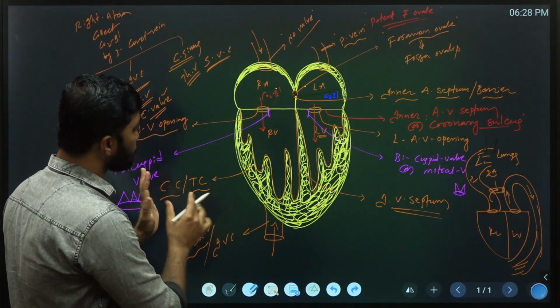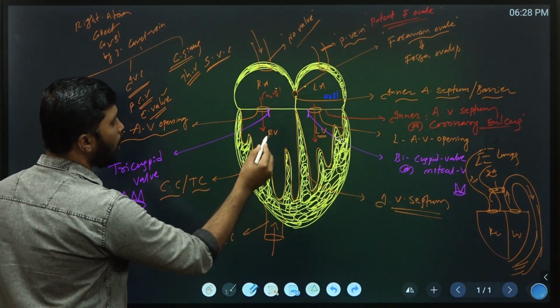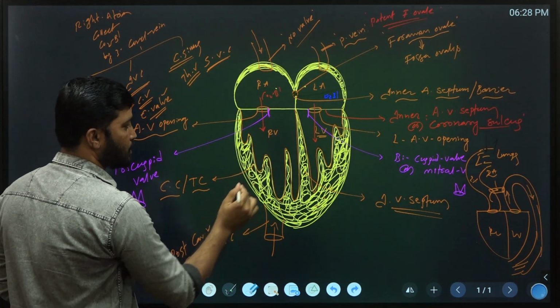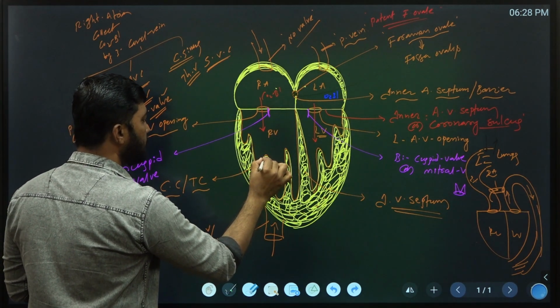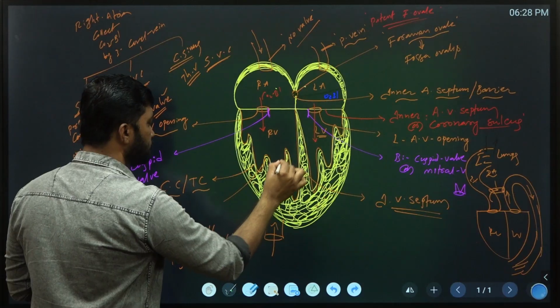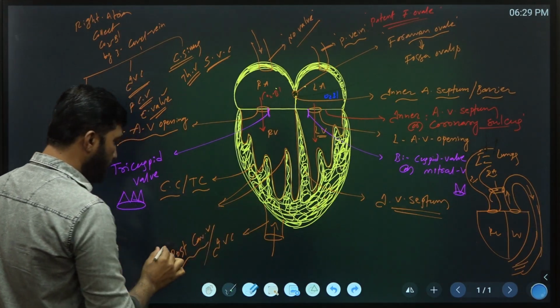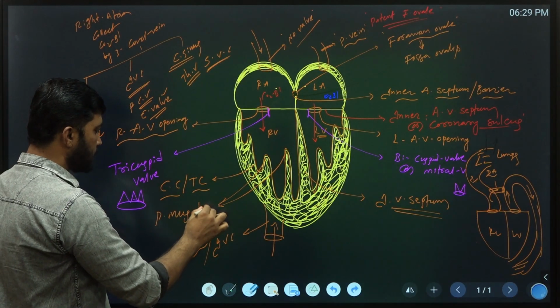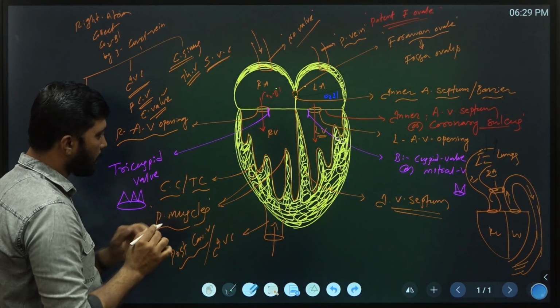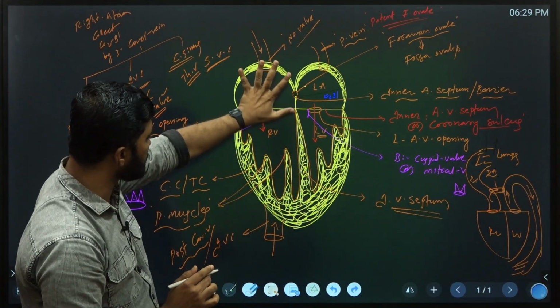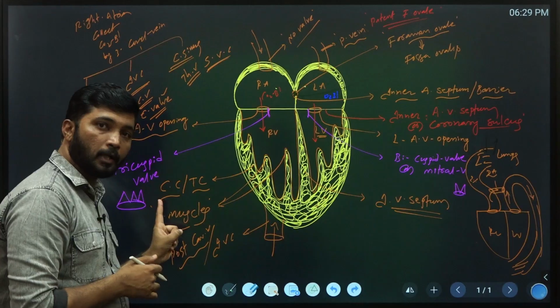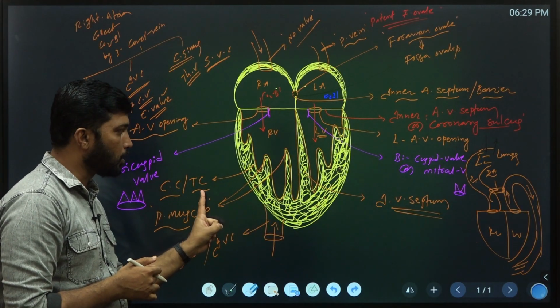Some of these projections are very long and conical, cone-like structures, called papillary muscles. Here, this structure is called the papillary muscles. Once again, the wall of the ventricles has inside muscular projections, the columnae carneae or trabeculae carneae.